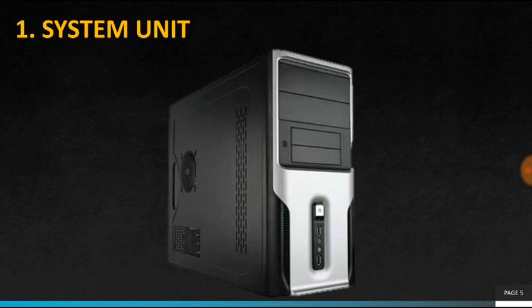And this is the main device used in turning on the computer. So if you are to boot the computer, you have to locate the power button on the system unit and turn it on. So this is the first device you have to turn on whenever you want to boot or turn on the computer.